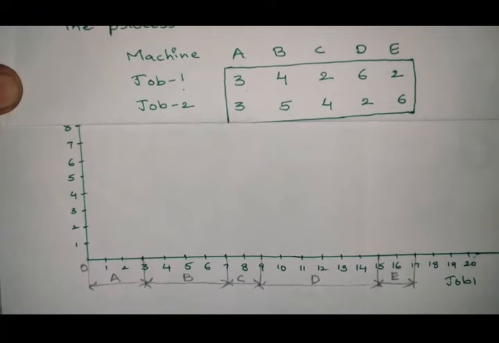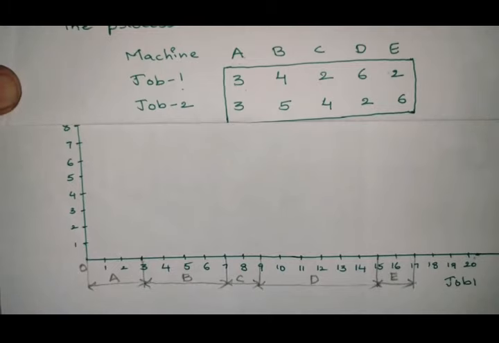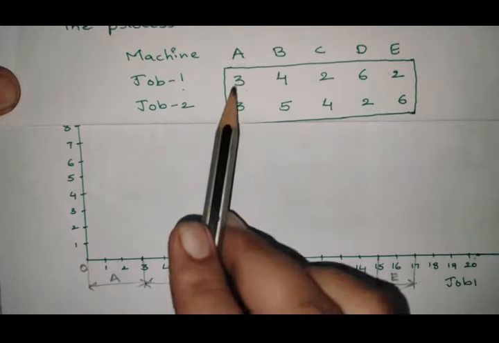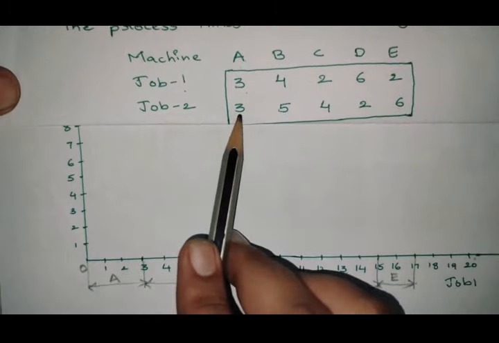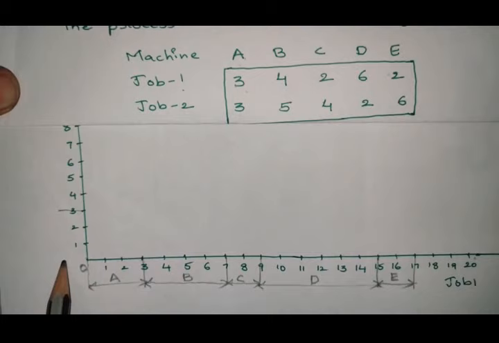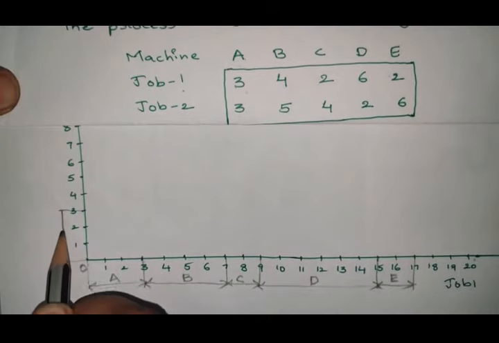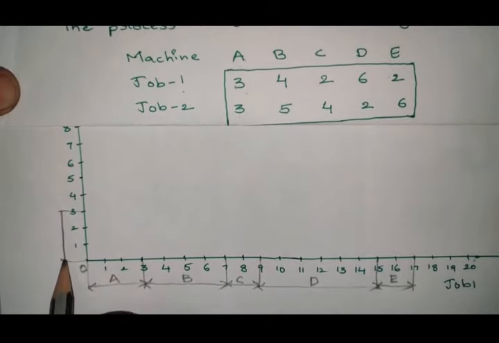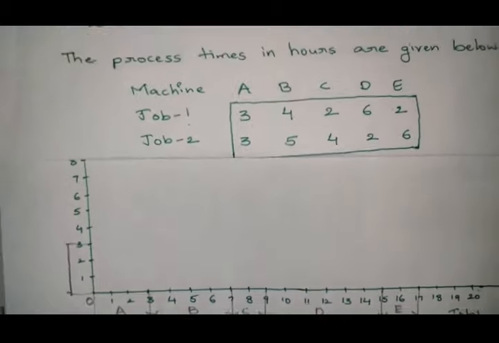Now let us represent the same thing on job 2 also. First, we will start at 0. Machine A on job 2 takes 3 hours. First of all, we need to see the job sequence before representing.